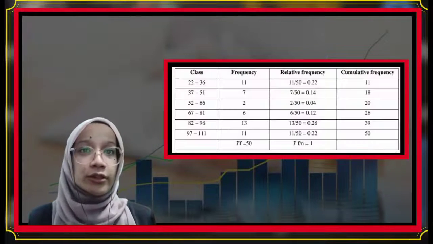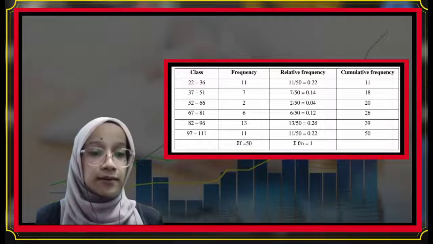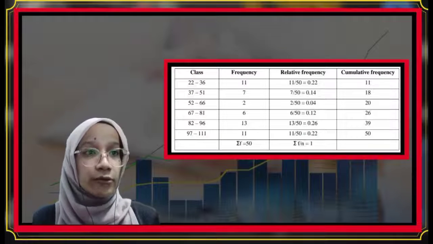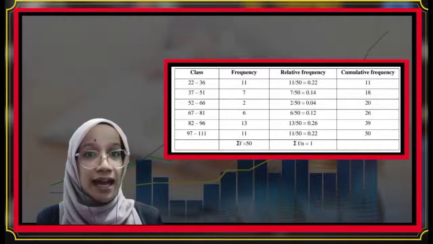Now we move to the second table, which is the relative frequency table. We need to calculate the relative frequency. How to calculate it? The formula is class frequency, F, divided by the sample size, which is n.